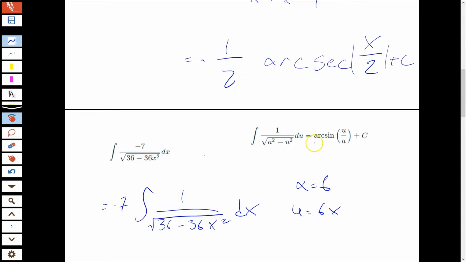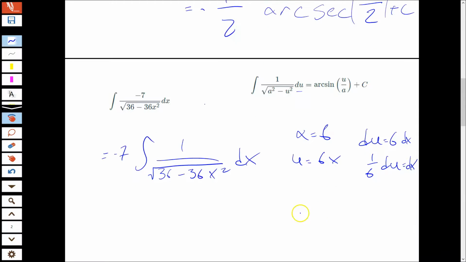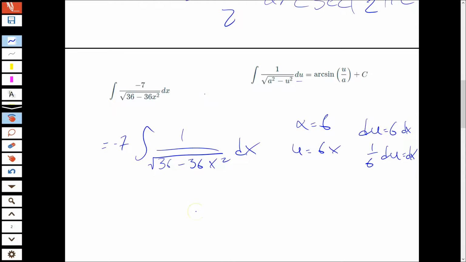That means now, notice it's du. du is 6 dx. So there's some u substitution coming into play here. So I have to make that substitution as well. So let's do that first. I'm going to say -7 times the integral, and we have 1/6 du we're plugging in.